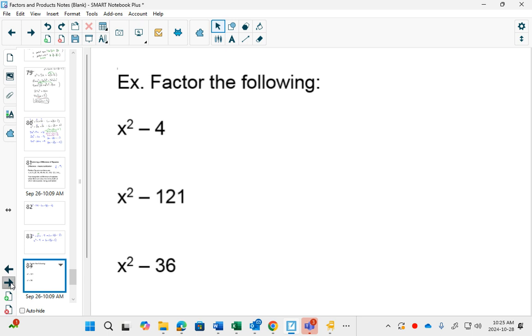So try these 3. Or is there even more after that? Check my notes. Oh, there's more, but we'll just start with these 3.